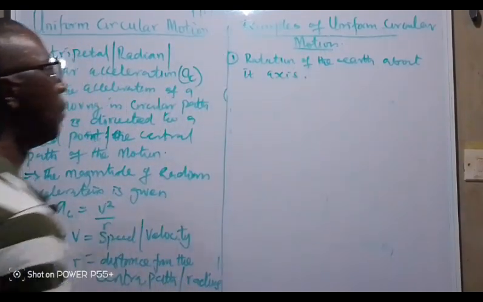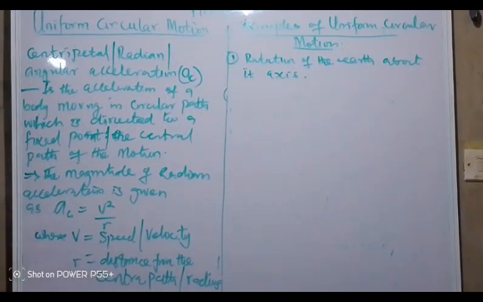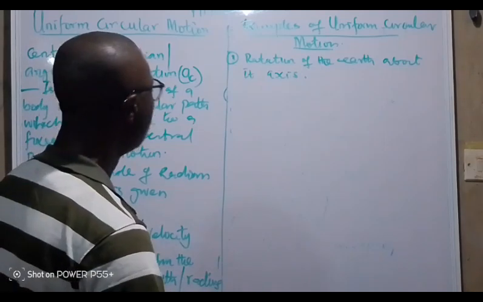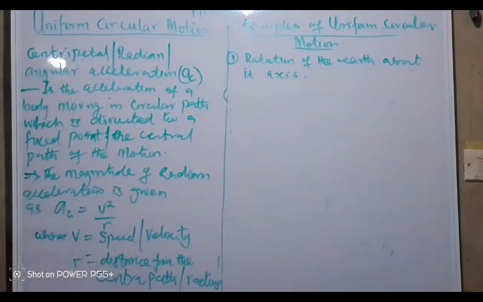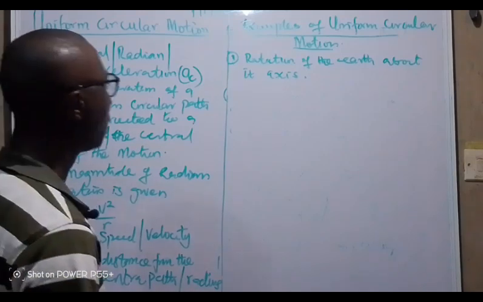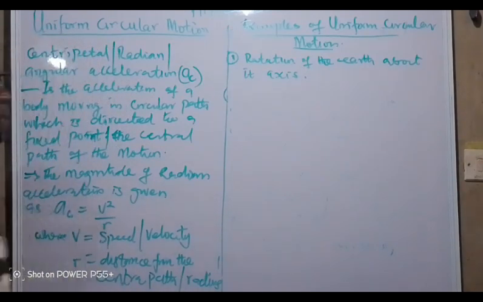When the earth rotates, it's a typical example of circular motion. As I said the other time, the earth will rotate with constant speed due to the effect of centripetal and centrifugal force. We are still coming to that later.